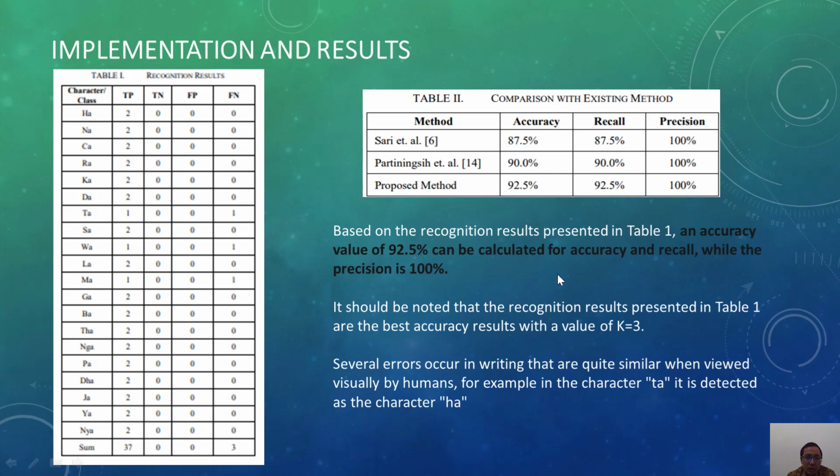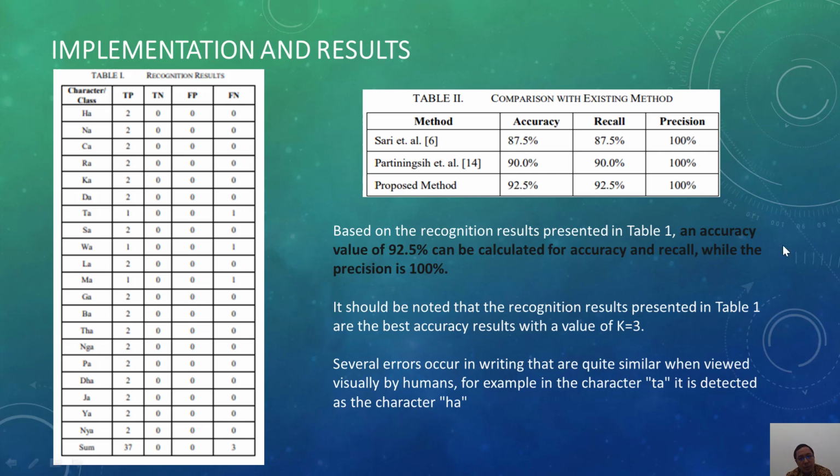Based on the recognition results presented in Table 1, an accuracy value of 92.5% can be calculated for accuracy and recall, while the precision is 100%. It should be noted that the recognition results presented in Table 1 are the best accuracy results, with a value of k equal to 3.